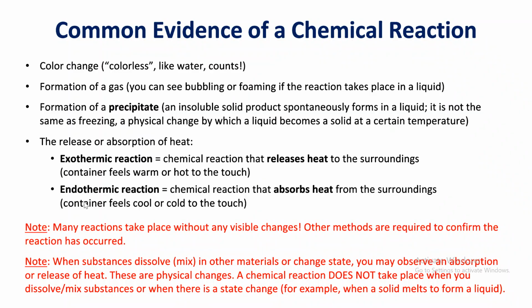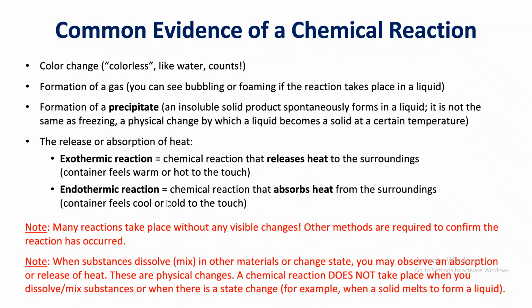Now we have two more reactions we're going to go over today: the exothermic reaction and the endothermic reaction. The word exo, you can remember as exiting. So it's a chemical reaction where heat is released. The surrounding is going to feel very warm or very hot to the touch. So how are we going to monitor this?